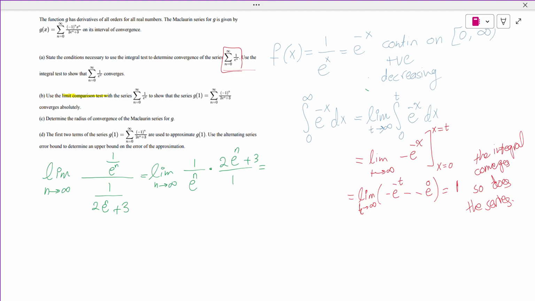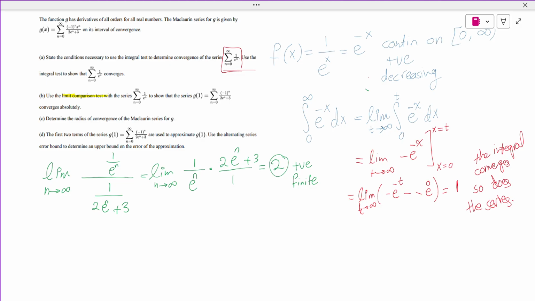So this limit equals 2. And because the 2 is positive and finite, that means both converge or both diverge.